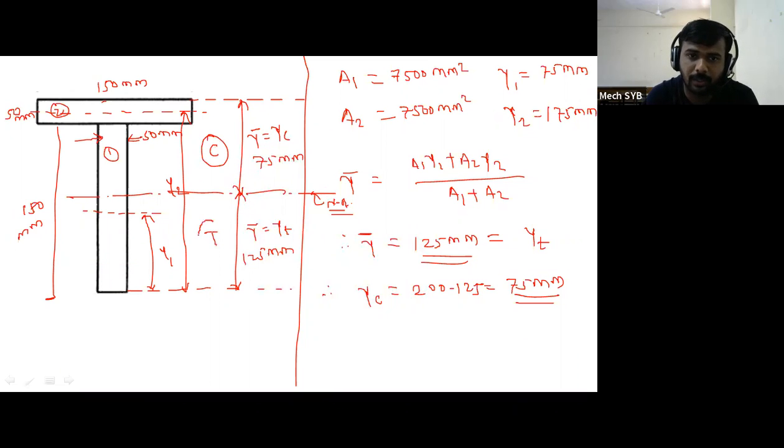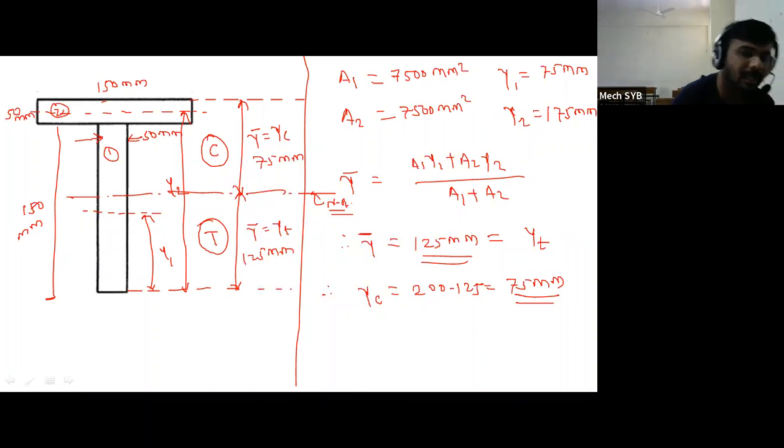And this is your tension region as per the simply supported beam. That is why the y bar will be represented in the form of YT and YC. If the type of beam was not mentioned, we could have called both simply y bar, because we don't know which is YT and which is YC.